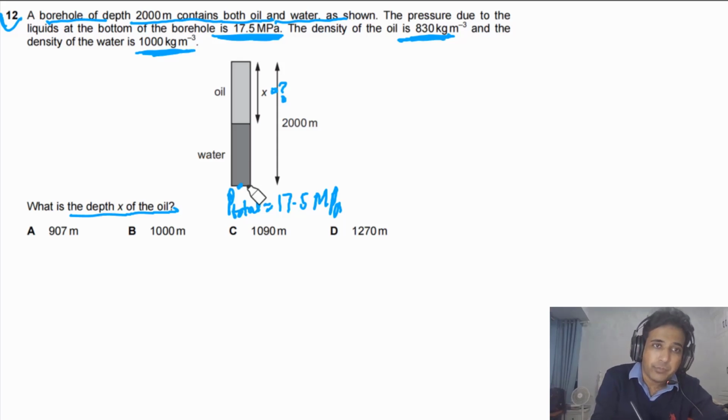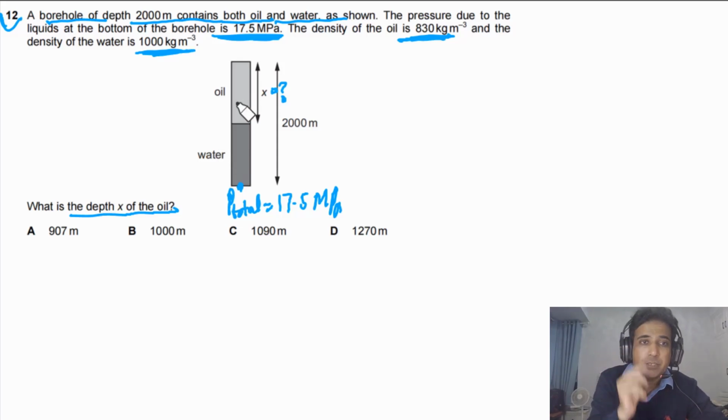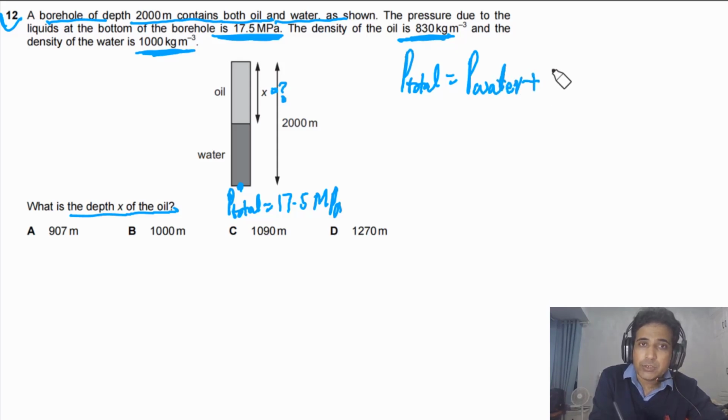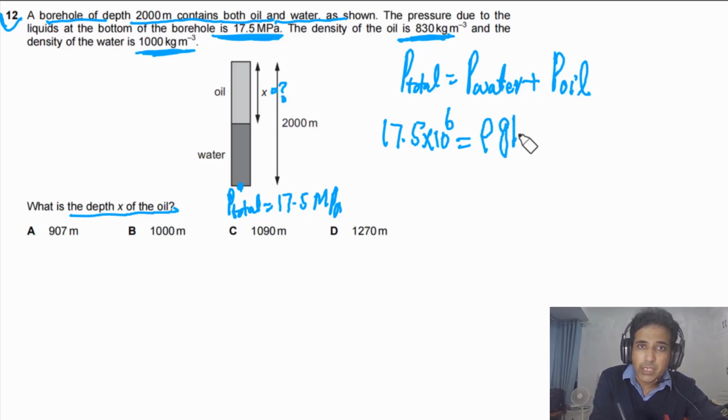Now we need to understand that the pressure at this point is due to the pressure of water and the pressure of oil. So we can say P total is equal to P due to water plus P of oil. We have the value of P total, that is 17.5 megapascals, 10 to 6, and the pressure due to water will be equal to rho g h.